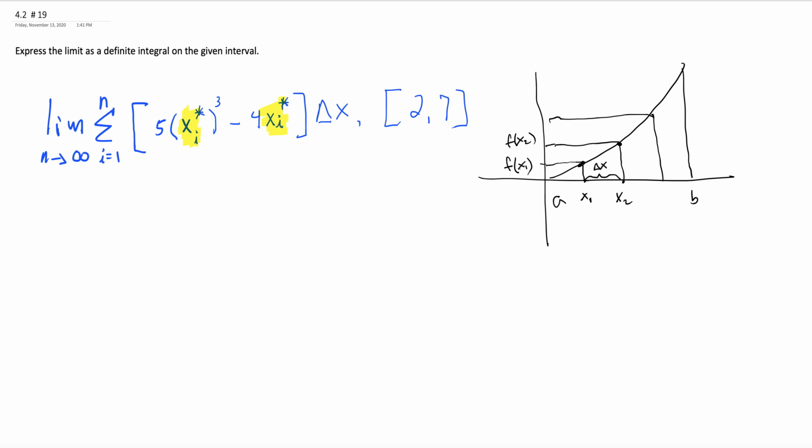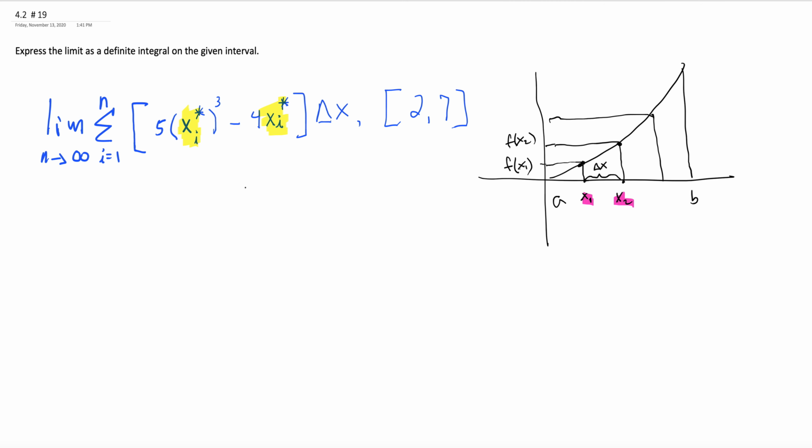So these numbers right here would be x sub i values, not x sub i star values. That's because they are either on the right side of the rectangle, or maybe you have some that are on the left side of the rectangle or the midpoint.